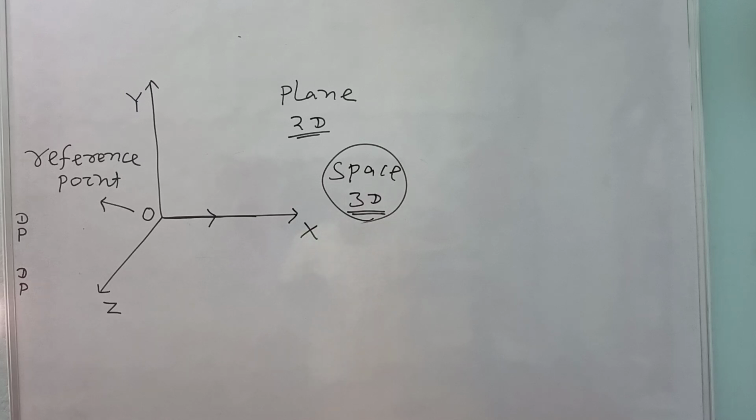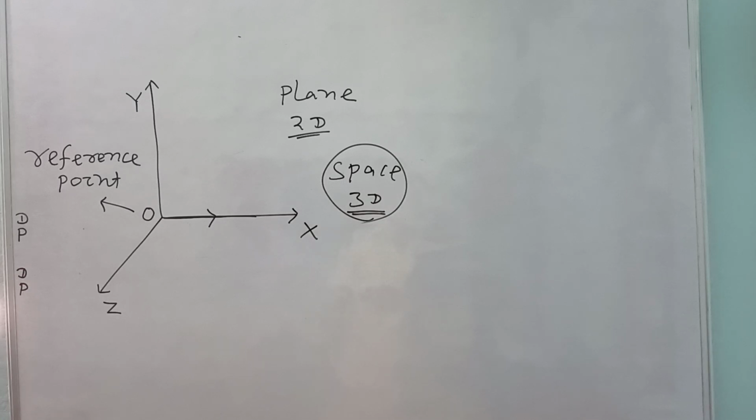Suppose in your room, if you leave gas molecule, that gas molecule move randomly. So that molecular motion you say 3D or 3 dimension. So I think you understand 1 dimension, 2 dimension, 3 dimension.